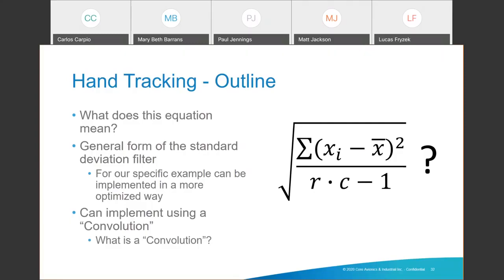We're going to do that by using something called a convolution. If you've paid attention to computer vision or neural networks and machine learning, you've probably heard the term convolution thrown around a lot. So I'm going to explain what exactly a convolution is and show that it's not really that complicated. It's just a series of additions and multiplications.